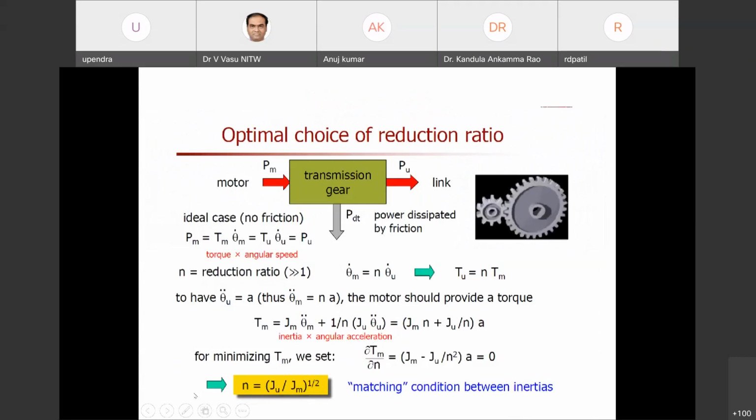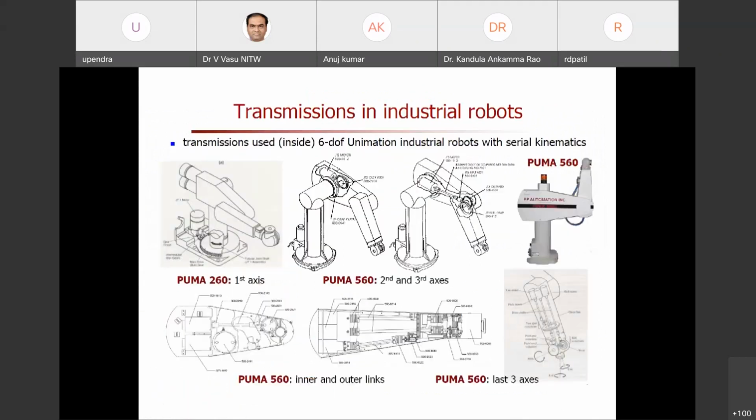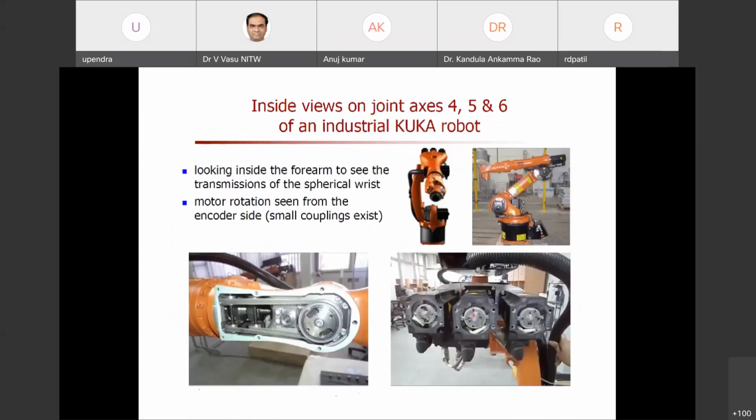You can get the applications, and whatever drawbacks we have can be limited in this one. Okay, so these are some of the sectional views of the KUKA robot, showing how the DC motors are incorporated in the 3 links.